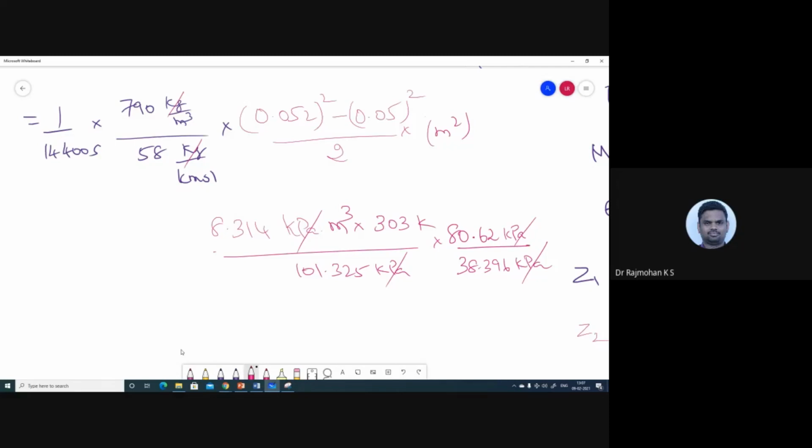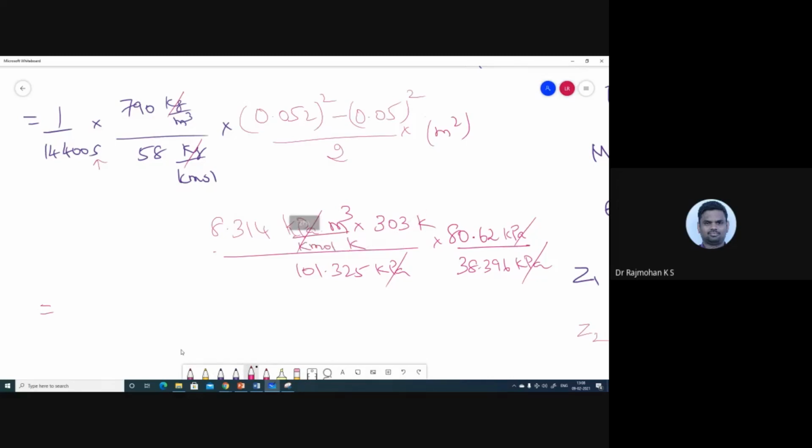In the denominator we have meter cube. Here I didn't write one thing: kilomole Kelvin.